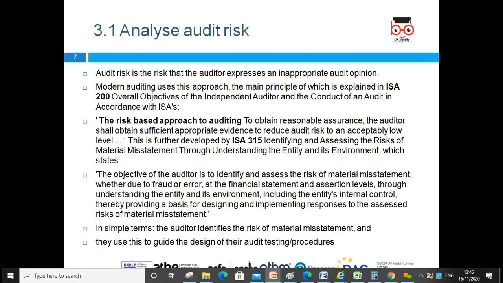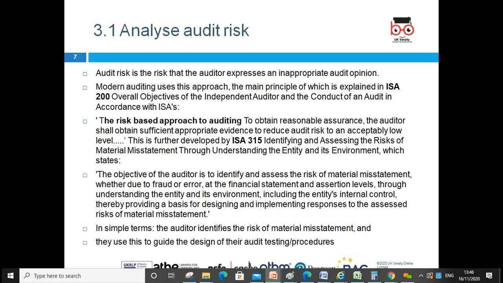Modern auditing uses this approach, and the main principle is explained in ISA 200. What is ISA? International Standard on Auditing 200. Its overall objective is the conduct of an independent audit in accordance with ISAs.